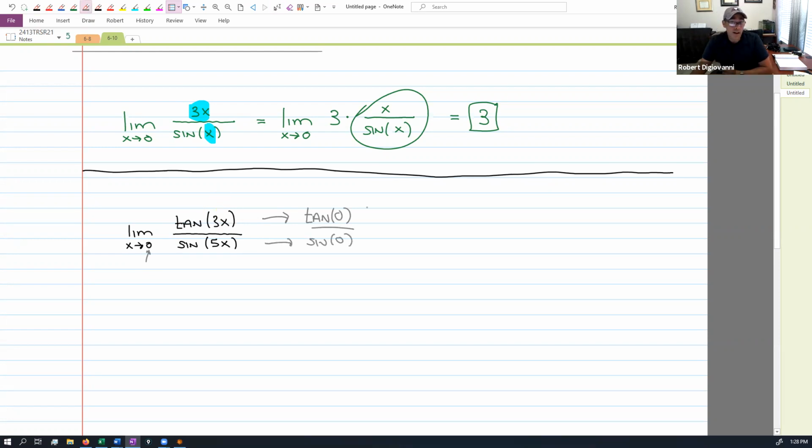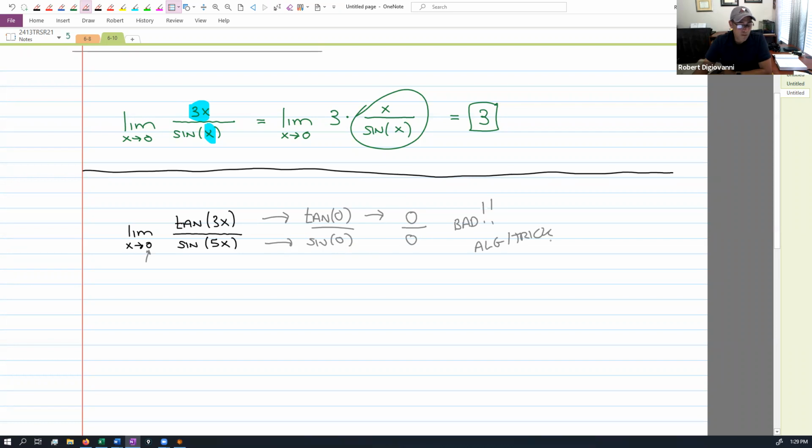From pre-cal, everyone should know that tangent of 0 is 0 and sine of 0 is 0. So what you're getting here is something bad, and we have to do some sort of algebra, or some sort of trick. Okay? Y'all with me? Yes, sir.